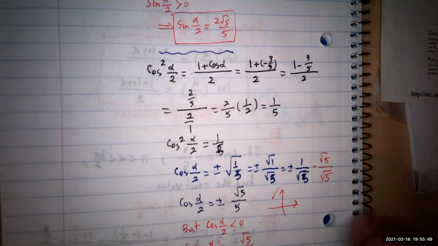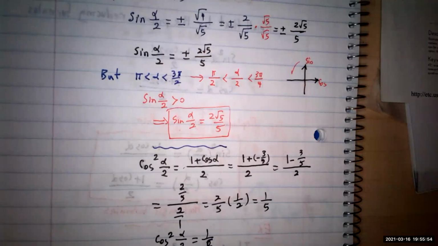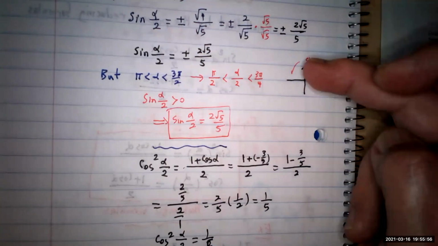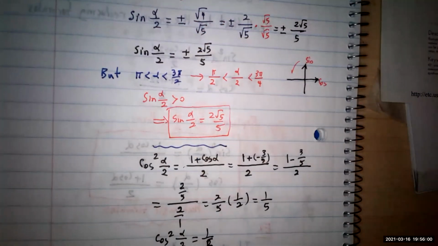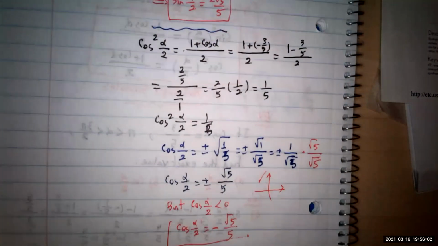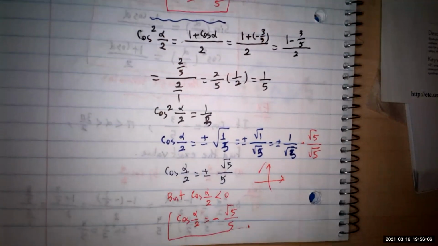So you have to identify where the alpha half is. We know that it's going to be the second quadrant, so we pick the sign, and over here the cosine is negative. So when you take the square root, put the positive negative first, and then you change it.